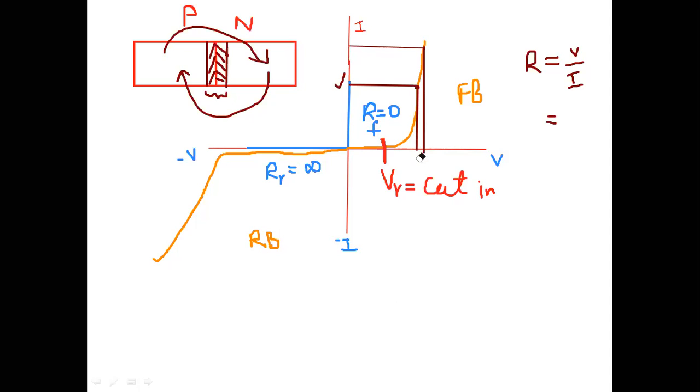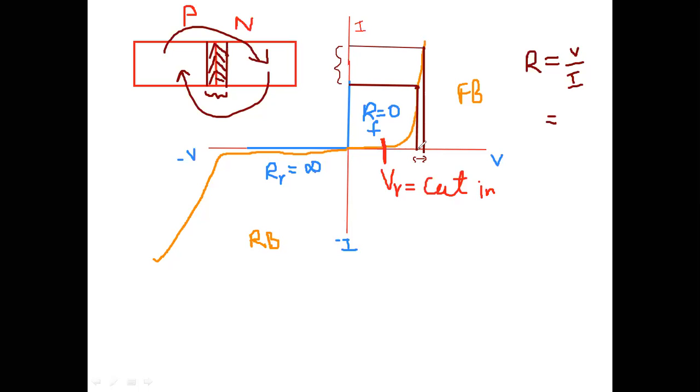See here, for a small rise in voltage, the current increases much more in forward bias. For a small increase in voltage, there is a large increase in current.